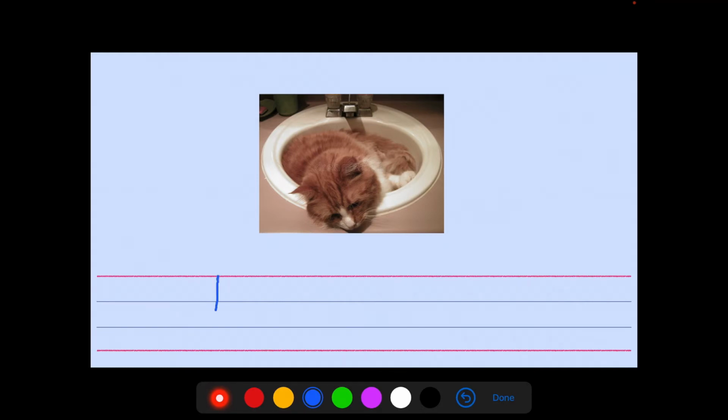We have a capital M because Mop is her name. O is O. P is P. And then because this is her favourite spot, we write an apostrophe and an S. Mop's spot.